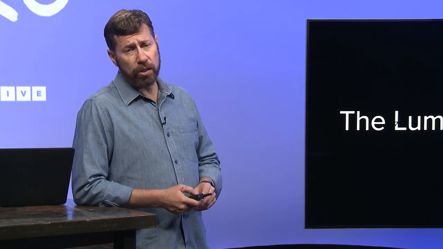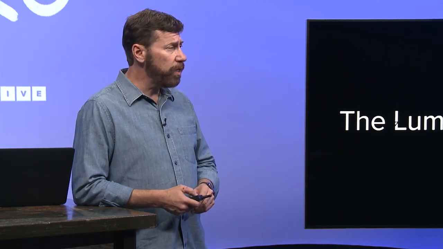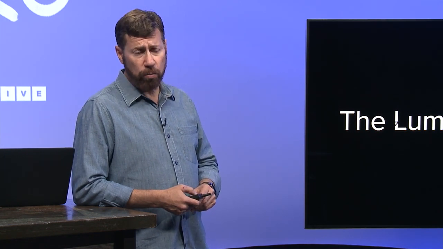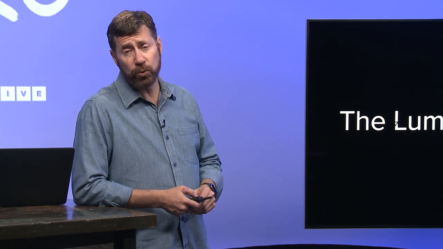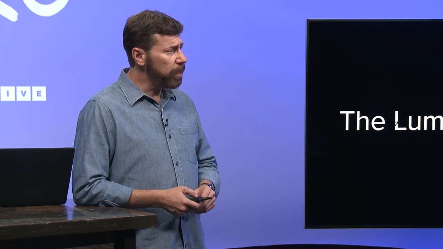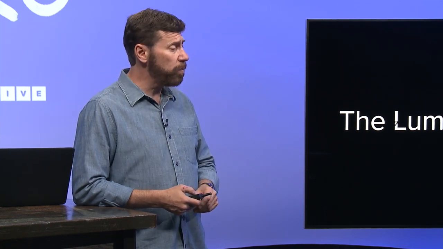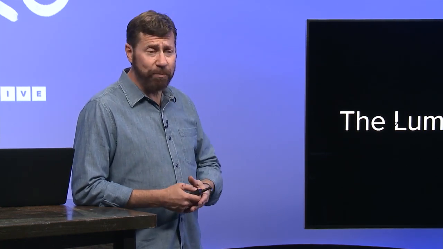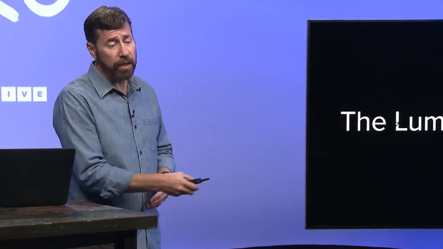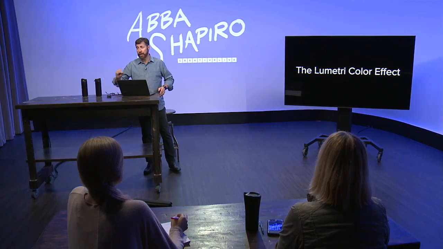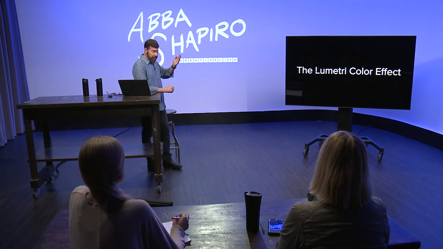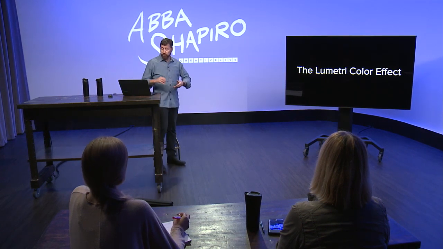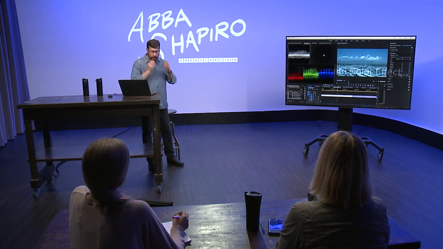So there are other color correcting tools, and you can use some of the examples that I'm working with, but you probably have to use multiple tools instead of this one streamlined tool. But I just wanted those who had earlier versions to be aware that they're not finding it because it's not there within their application. So let's take a look at some problematic footage and how I might fix it.